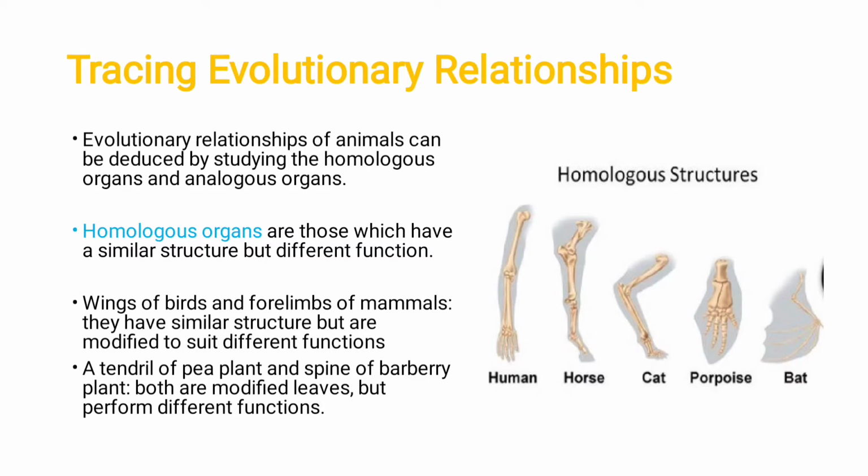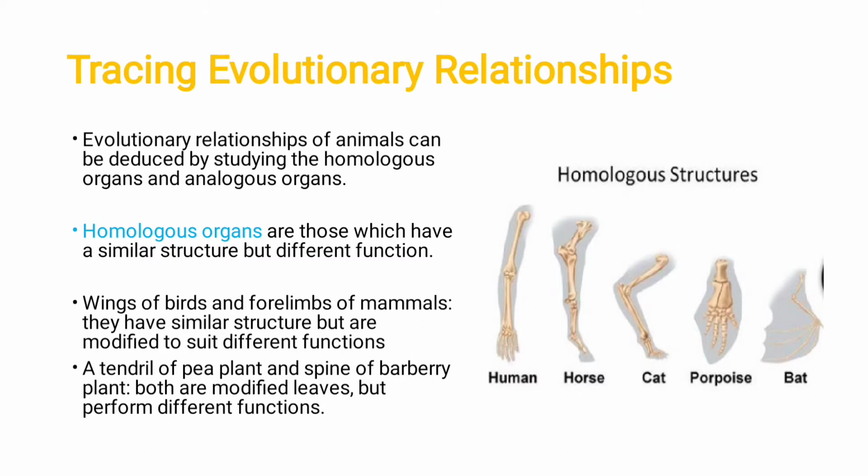Like in this diagram, you can see the structure of the limbs of a human, horse, cat, and bat. This picture is from your NCERT textbook, so you can turn the pages of your book. You will see that these structures are similar, but their functions are different.